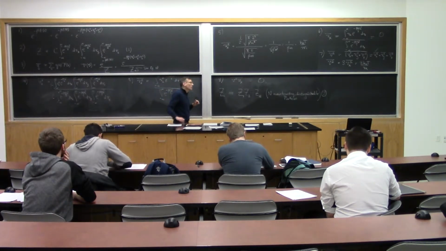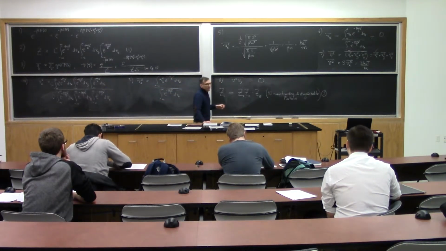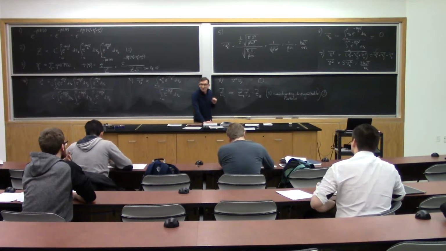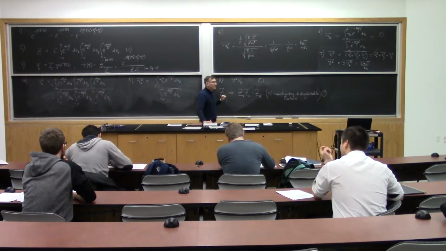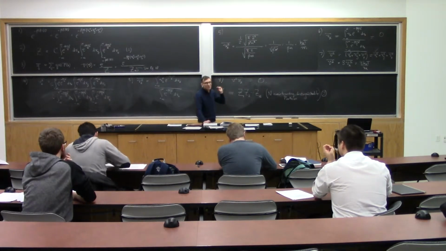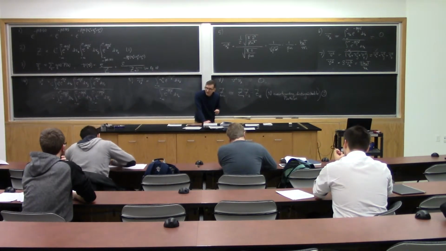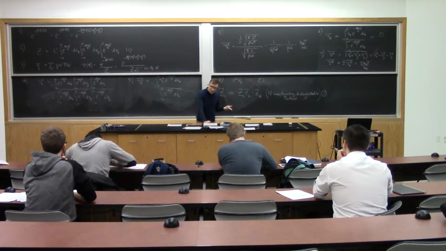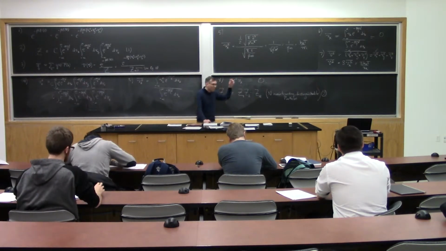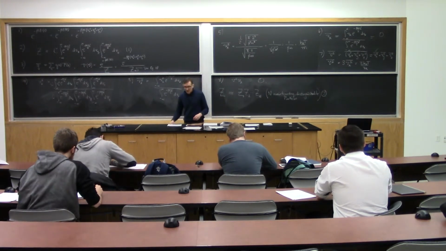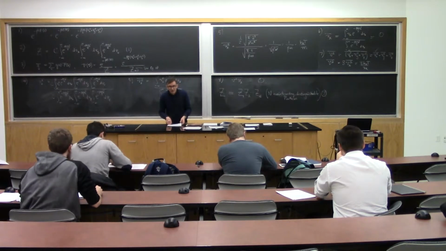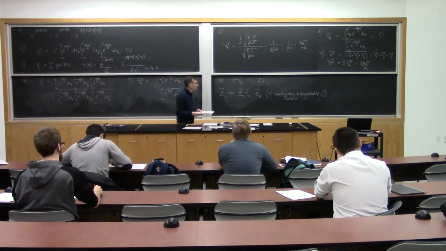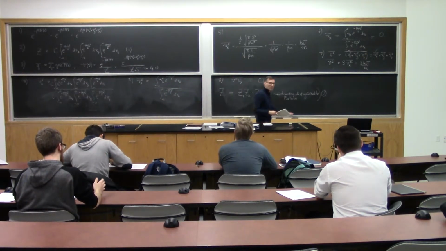So that if you had a particle moving around in 3 dimensions, you could find the partition function corresponding to the translational motion along x. And separately from that, you could find a partition function for the translational motion along y, and another one for the translational motion along z, and then multiply those 3 together. And we're actually going to do that here in a little bit. Okay, I think that's pretty much where I left off.